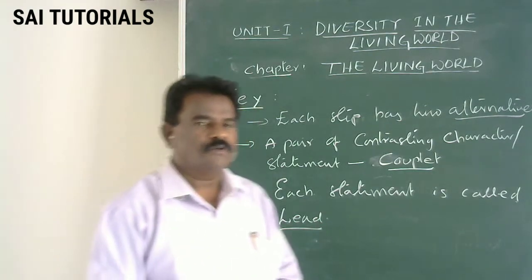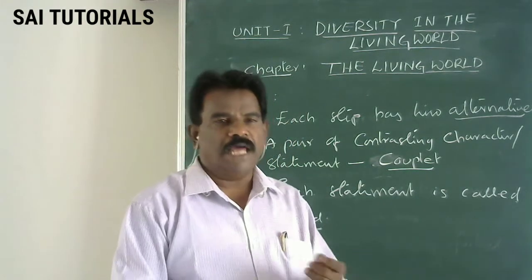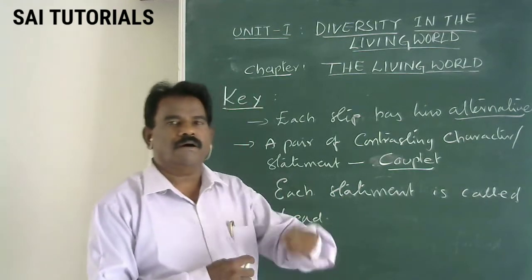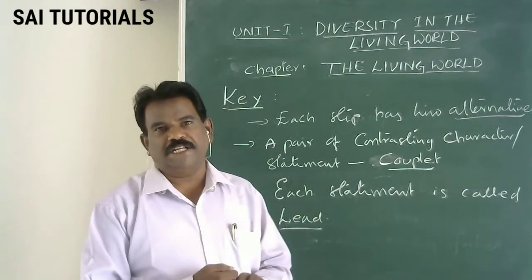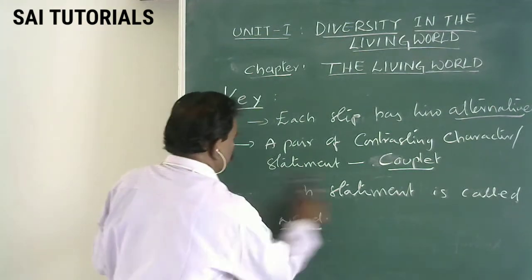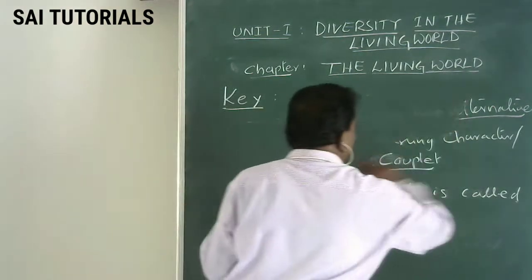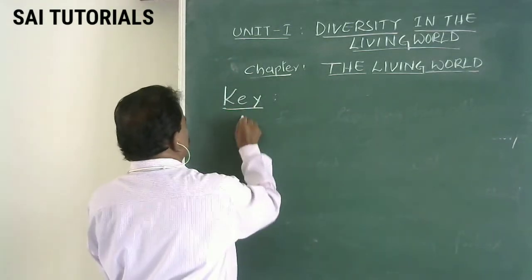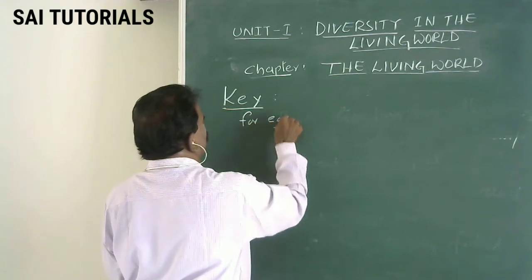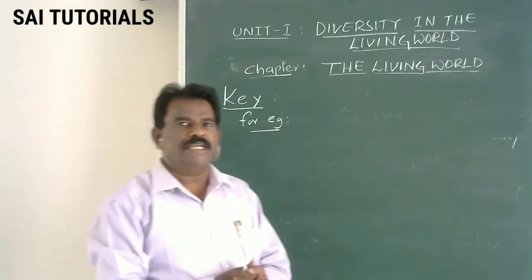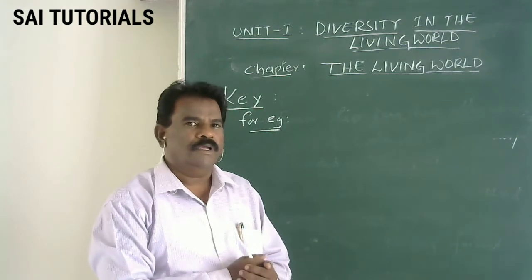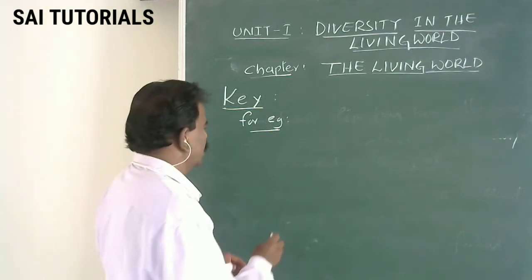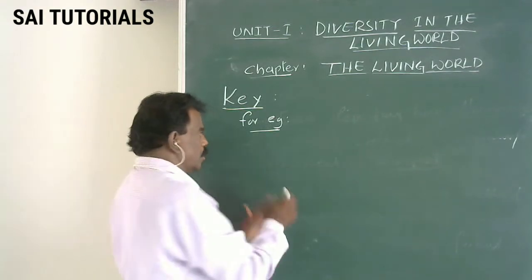Let us write a small key, which will help us understand what keys are and how they help in the identification of a plant. For example, when we find a new organism and try to identify it, we can write a couplet.